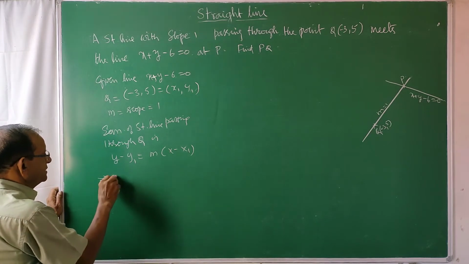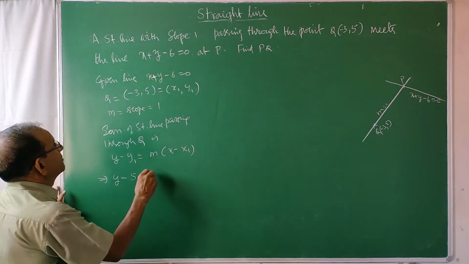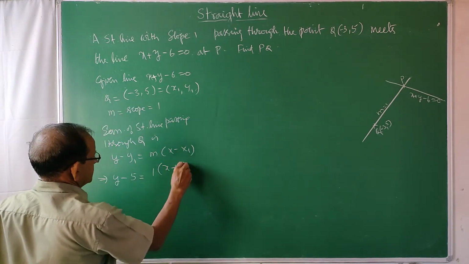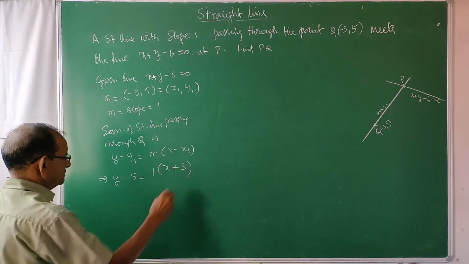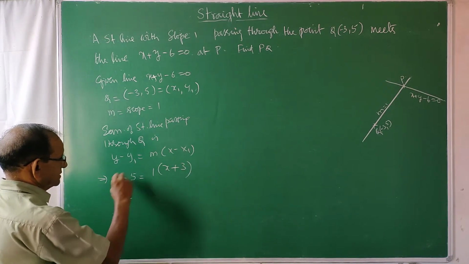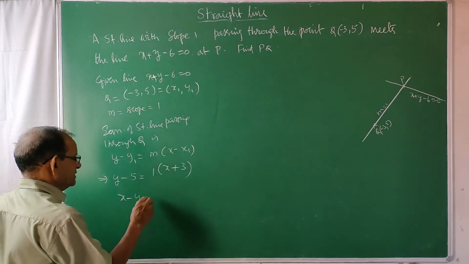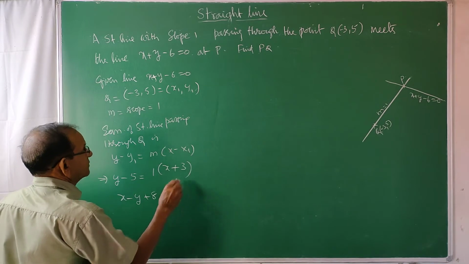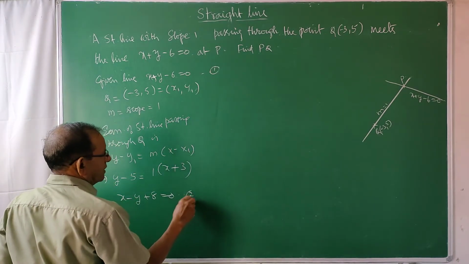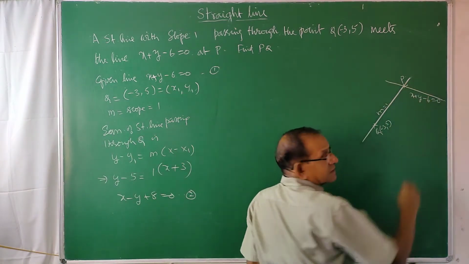That implies y1 is 5, m is 1, x - (-3), that is x + 3. Bring all the terms to one side: x - y + 8 = 0. You take this equation as 1 and this as 2. If you solve these two equations, you will get the point of intersection, that is P.